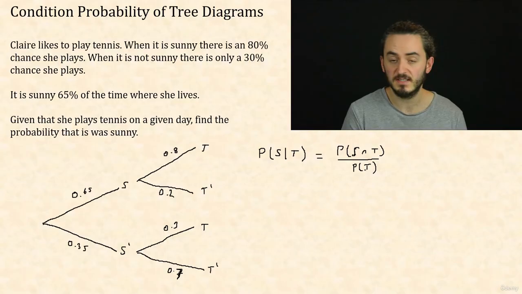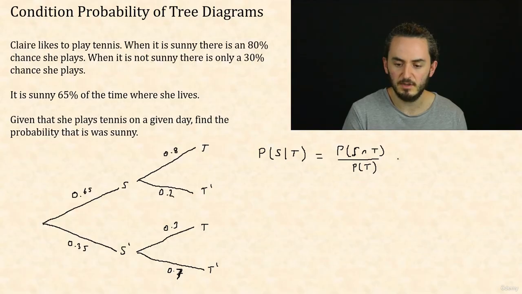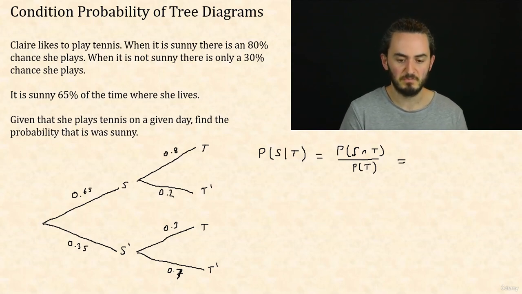That is just a direct application of my conditional probability formula. So can we work any of this out? Well, the probability that it was sunny and she played tennis is just the sunny and tennis branch. And remember, we multiply along the branches of tree diagrams. So that's just 0.65 times 0.8.